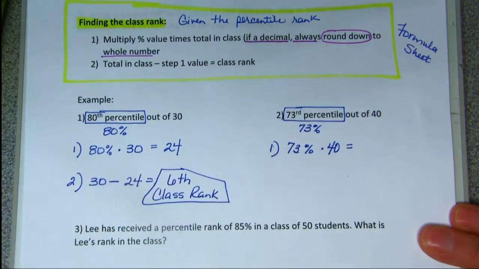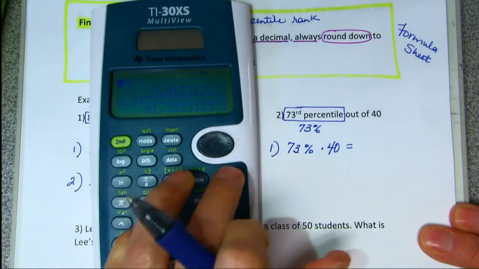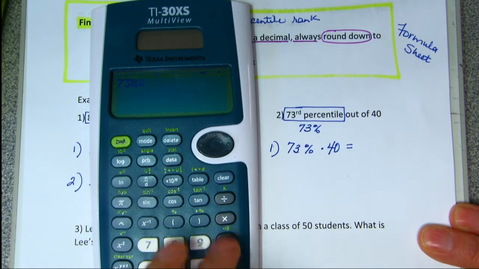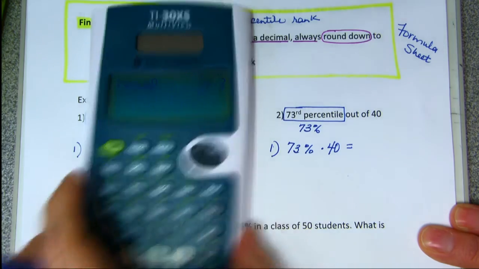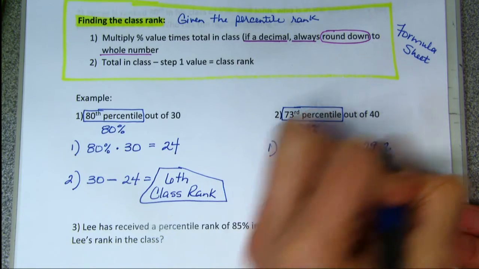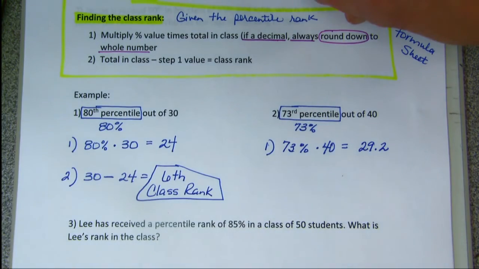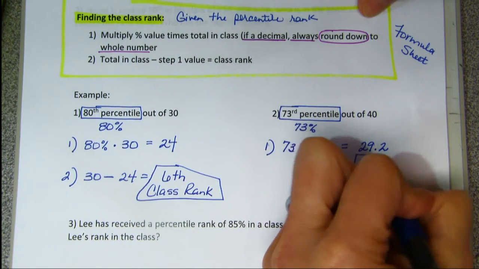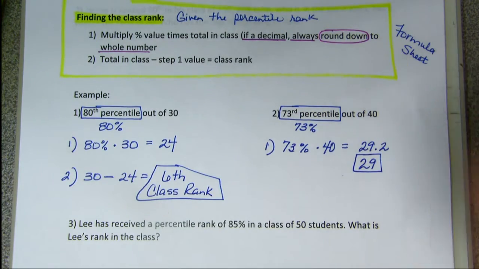And that gives us 73% times 40. I get 29.2. And this is what I'm talking about. Now we round down, so this would mean we use 29. That's what you have to be careful of.